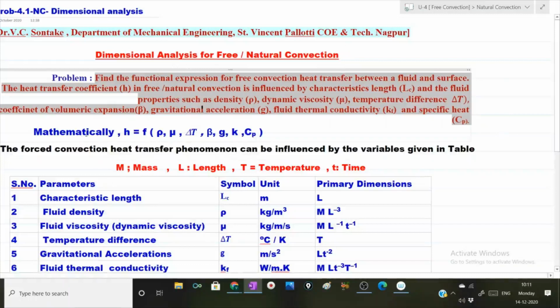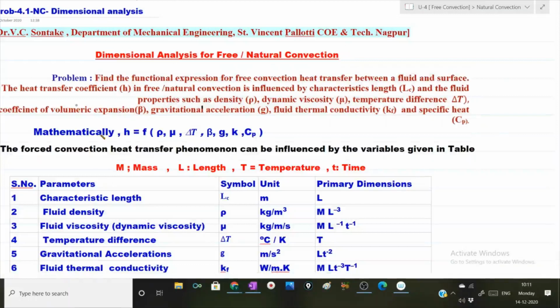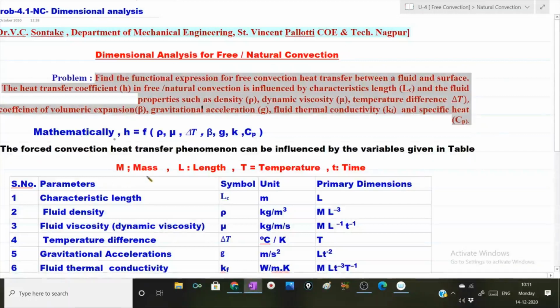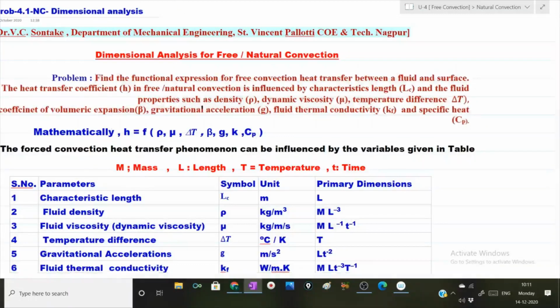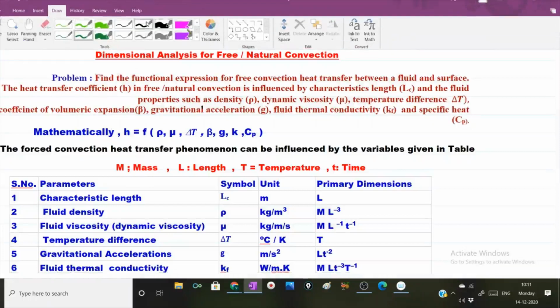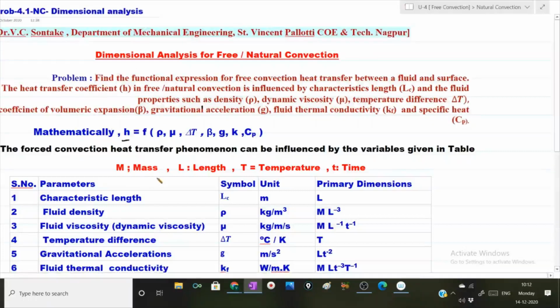So mathematically, I can represent h as a function of rho, mu, delta T, beta, g, K, and Cp.